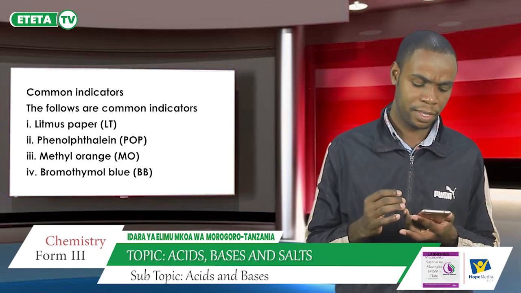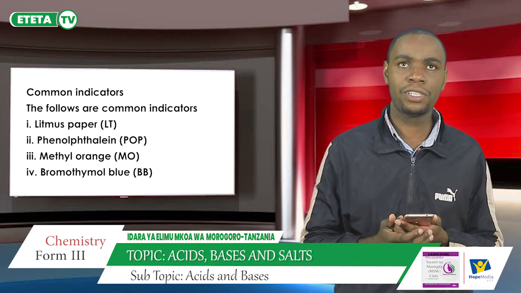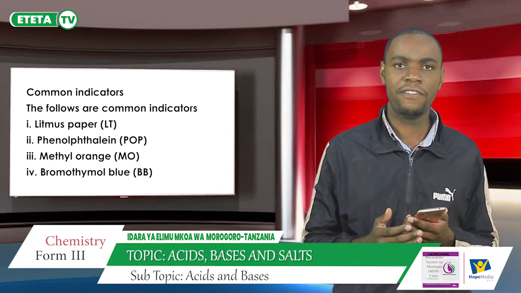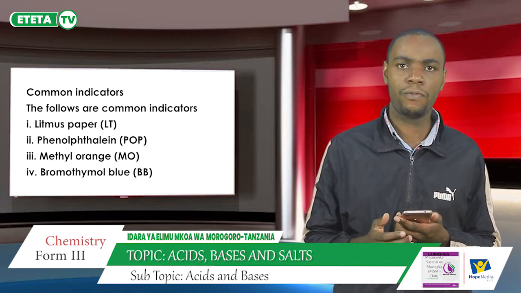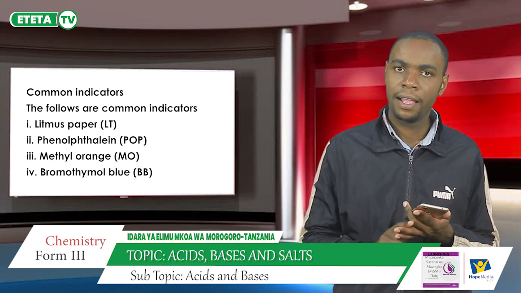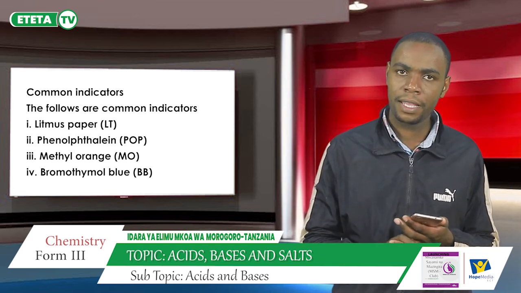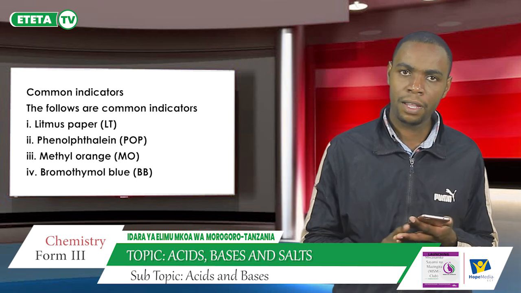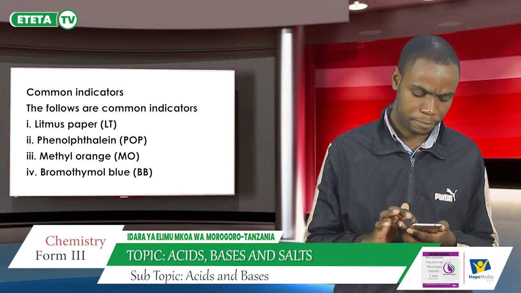So these are common indicators which are used in various processes of life: litmus paper, phenolphthalein indicator, methyl orange indicator, bromothymol blue indicator.